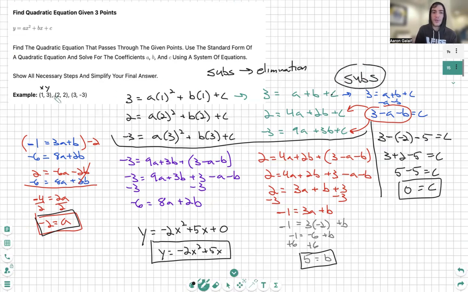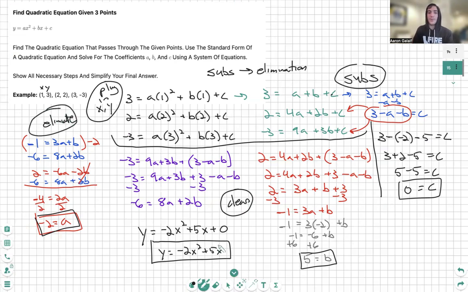So the first thing we do is plug in x and y. Then we find our subs, substitute, and then clean up after subs, and then we'll eliminate. And then after that, we plug into our equation at the end and we are done.